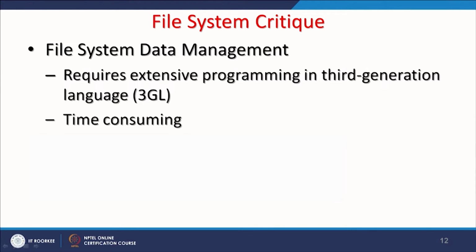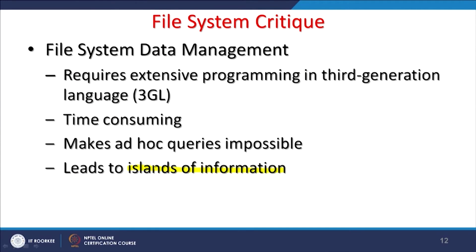If we are searching for certain things, we may not get that information, though it might be residing in some of the files lying in complete isolation. And if that is there, then these islands of information become very common, and that means unnecessary occupancy of our storage because of the file system.